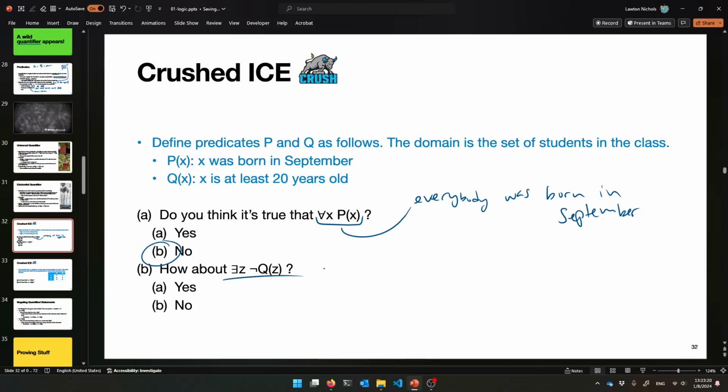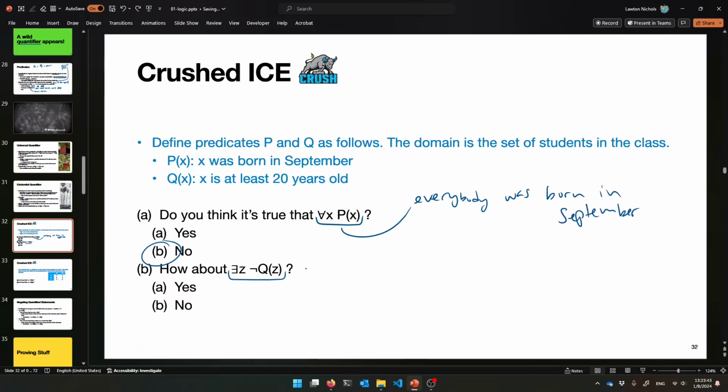And then how about this one? There exists a z such that not q of z. That whole thing is true, we're claiming that. What does that mean? How do you translate this to English? There exists a variable, so that means it's filling in for q's parameter. So that's going to be a student. There exists a student, call them z, such that not q is true for that student. So q is false for them.